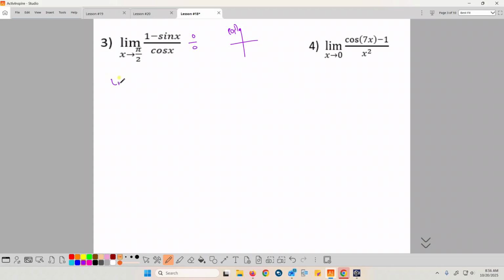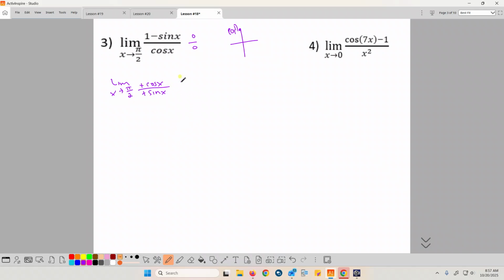Good time for L'Hopital's rule. So this is the limit as x approaches pi over 2. If I derive the top, negative sine of x, I end up with negative cosine of x. Down here, if I derive cosine of x, I end up with negative sine of x. This is going to cancel and become positive.